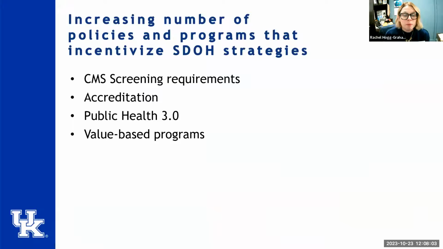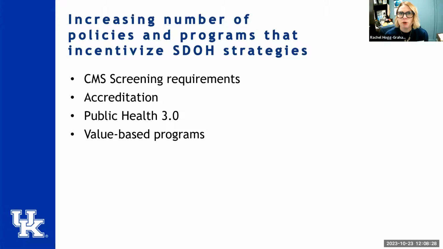There have been a number of policies and programs that really incentivize social determinant of health strategies. Just a few of those include some of the CMS screening requirements, like those that are going to go live for hospitals in January 2024. Accreditation, both local public health and hospital accreditation, are now wrapping social determinant of health screening into their equity strategies.